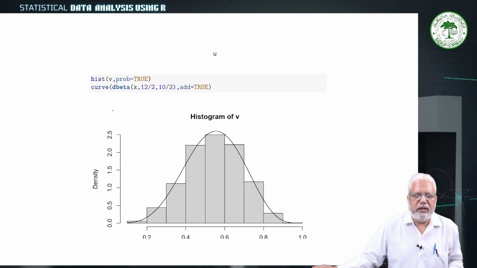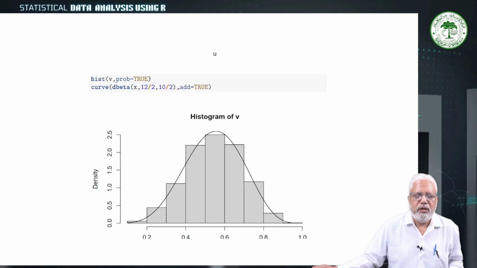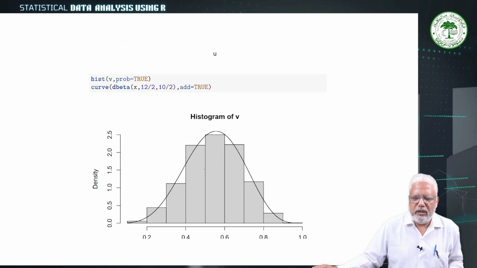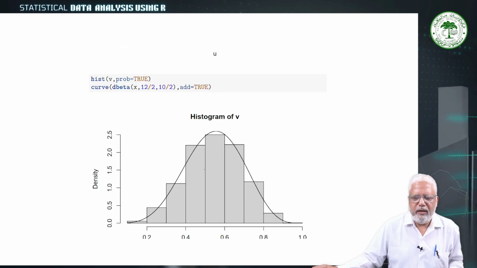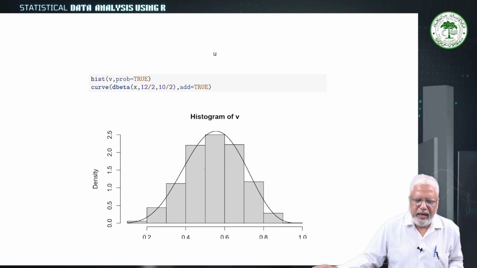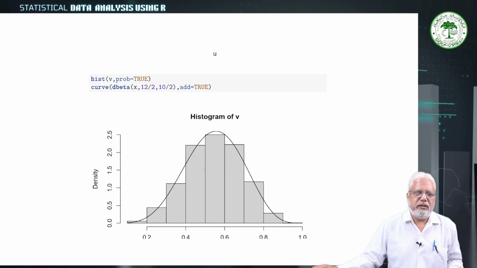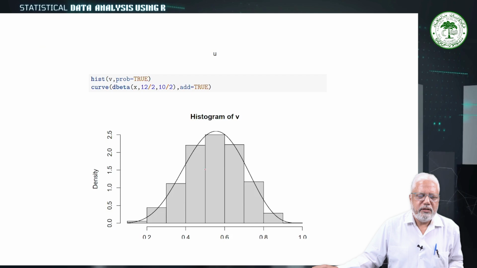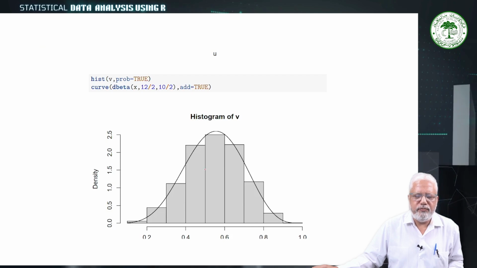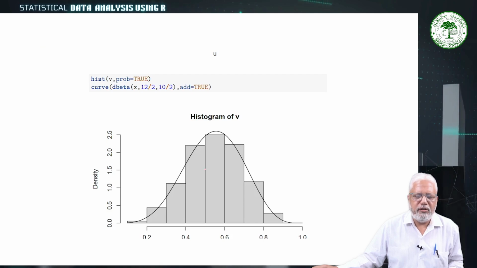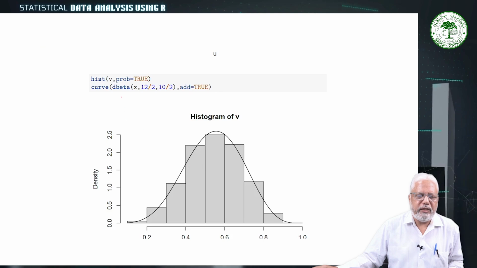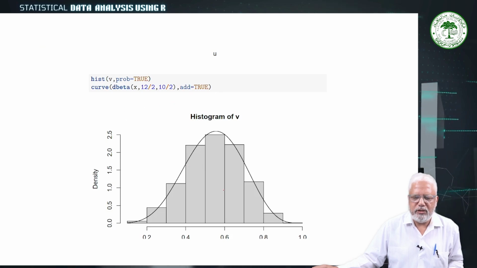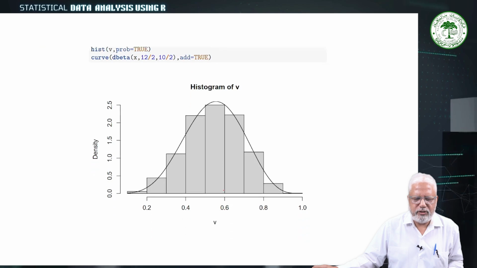See, it is 12 by 2, 10 by 2. So here again we have an excellent match between the simulated data and the exact curve, which is plotted on the basis of the exact beta distribution with these parameters. So this verifies the facts.